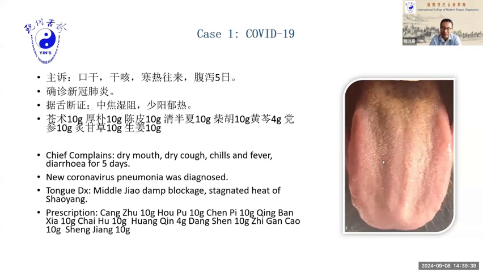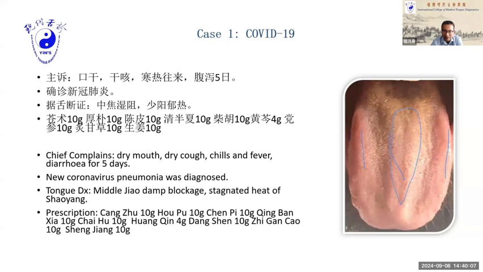That patient is also a doctor, a conventional medicine doctor, and he had been diagnosed as coronavirus infected pneumonia. So I gave this prescription based on the tongue reading, and you can see both sides bulging.